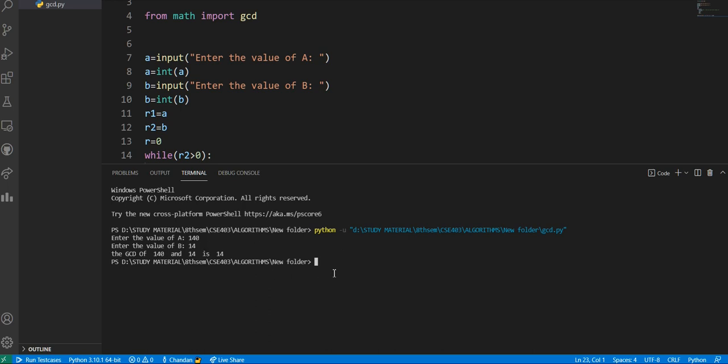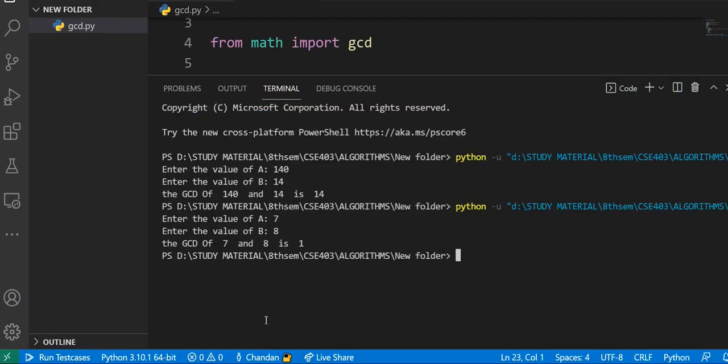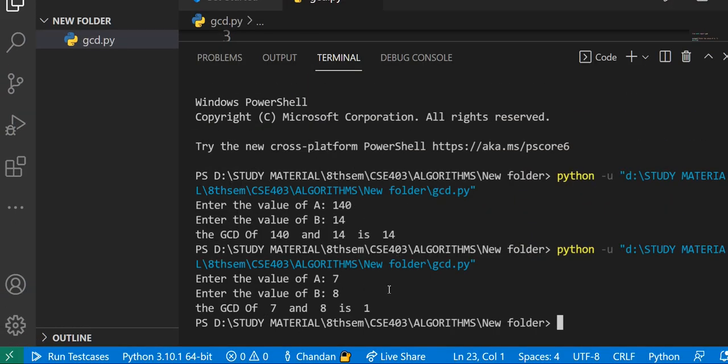So 14 it will print. Now if I take another value, GCD of 7 and 8, it should print 1. Yes, 1. As you can see, when we take A as 7 and B as 8, the GCD of 7 and 8 is 1.